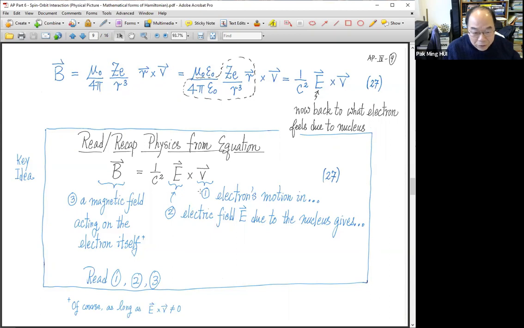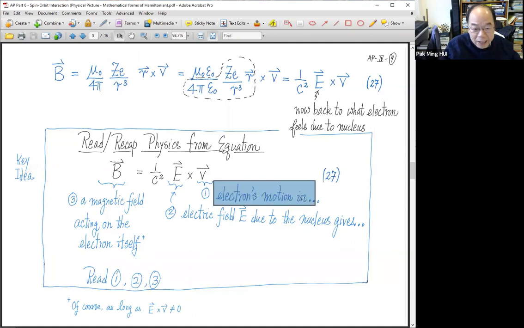To lead you through, I marked it 1, 2, 3 here. And you should read 1, 2, 3 in this particular order. So let me show you how. The equation is saying it is the electron's motion that V.